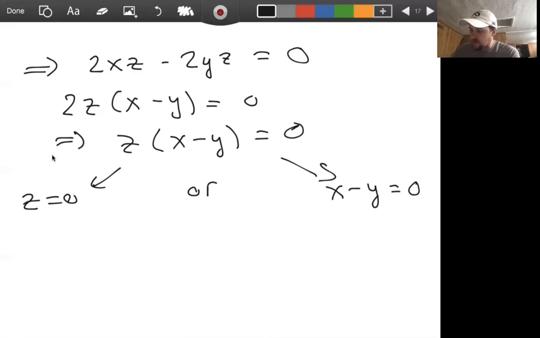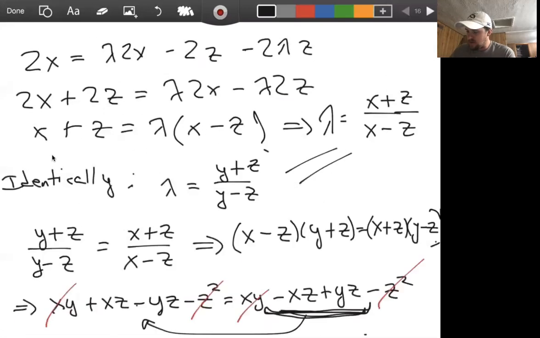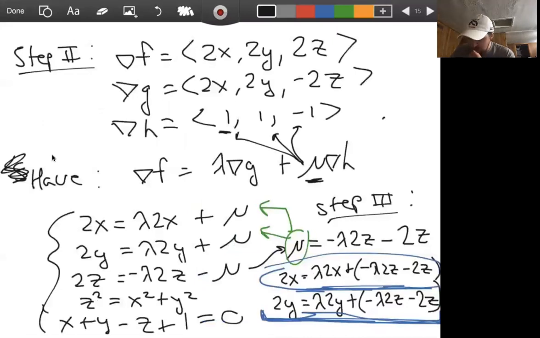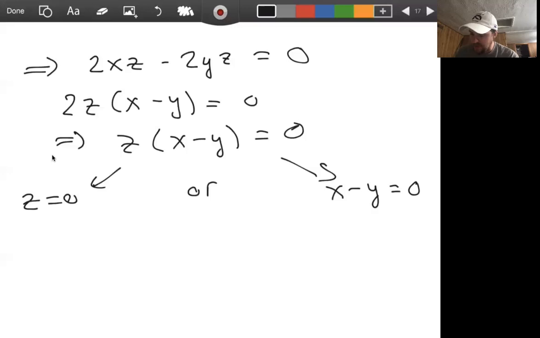Then if z is 0, let's go back to our constraint, right? If z is 0, then we have one of our constraints is that z squared equals x squared plus y squared. So we have 0 equals x squared plus y squared, which implies that x is 0 and y is 0.